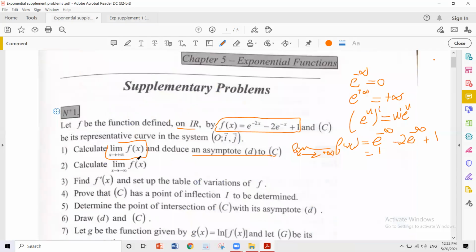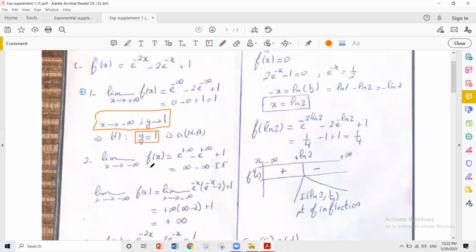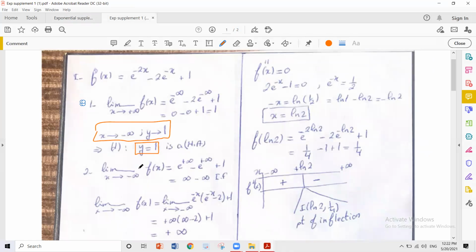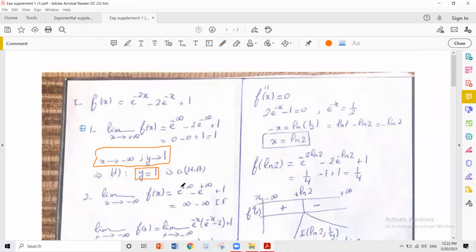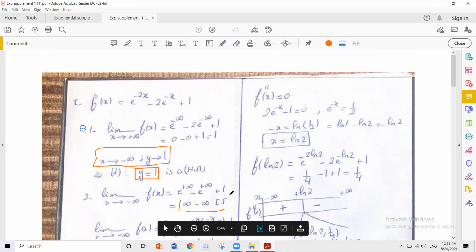Part 2. Calculate the limit as x tends to minus infinity of f(x). It becomes e to the plus infinity minus e to the plus infinity plus 1, which is infinity minus infinity, indeterminate.